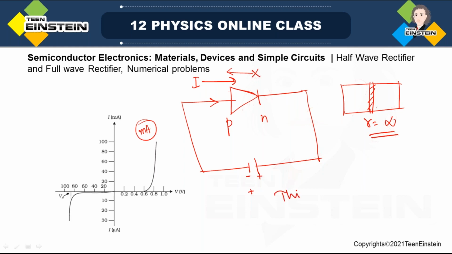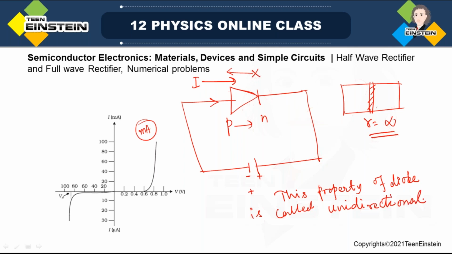So the diode allows current to flow through it in one direction only, P to N, and this property of diode is called unidirectional property. Unidirectional property.